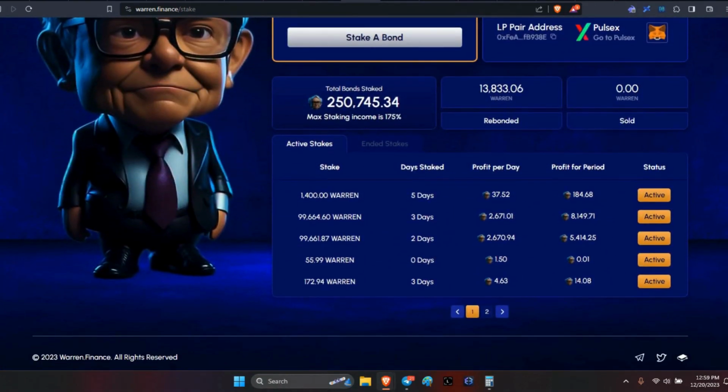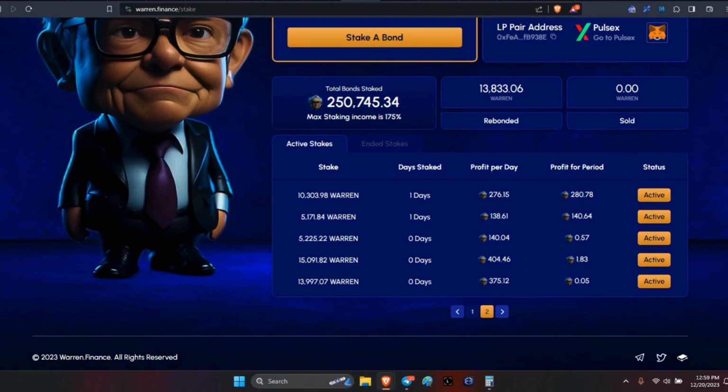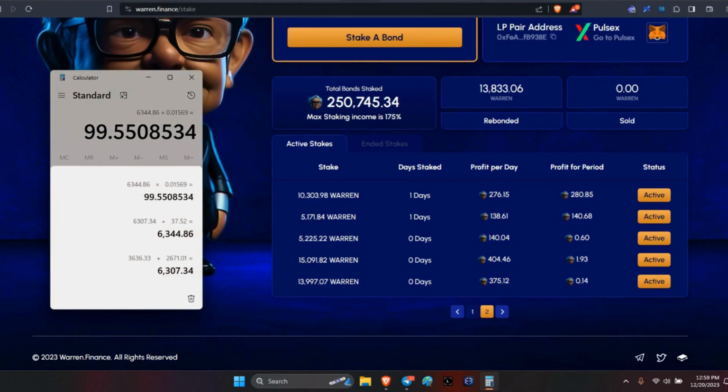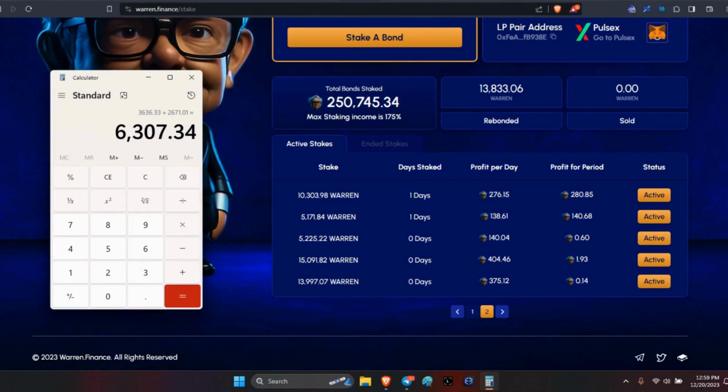All right, so let's go to the second page here. So okay, it should be this 375 one. Wait a minute, we can see that in the calculator. I want to make sure. If we go back in the history, it was this one here.